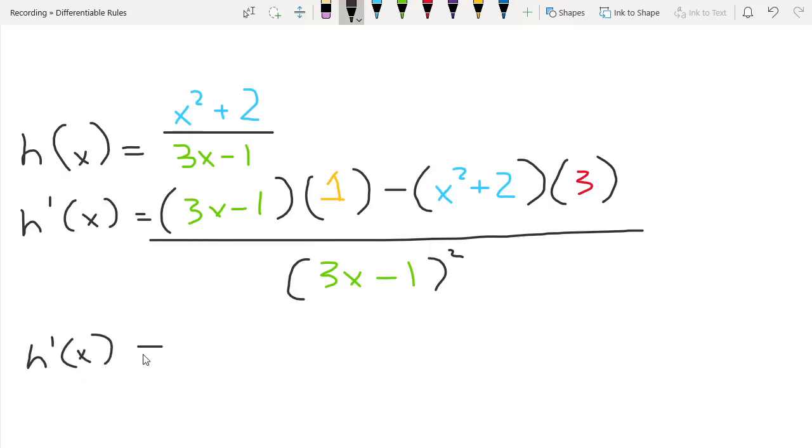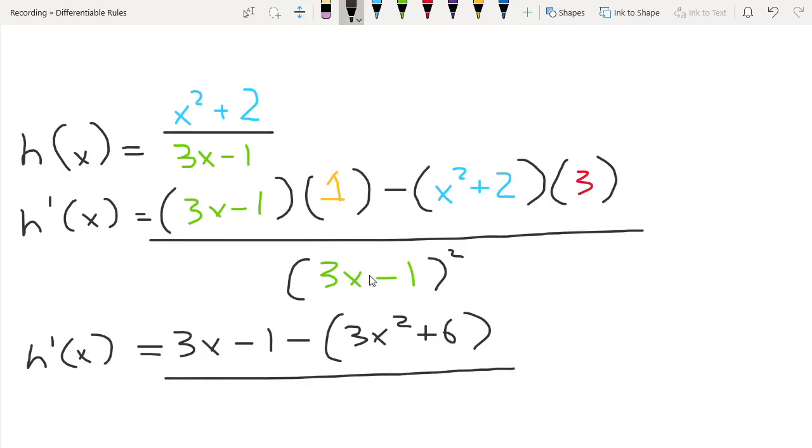So this would end up being 3x minus 1 minus, and I'll write this in parentheses, 3x squared plus 6. And then we don't need to simplify this at the bottom or expand it actually. So we'll just leave it as 3x minus 1 squared.